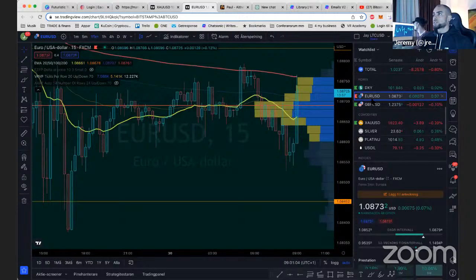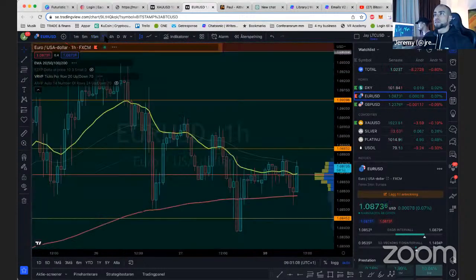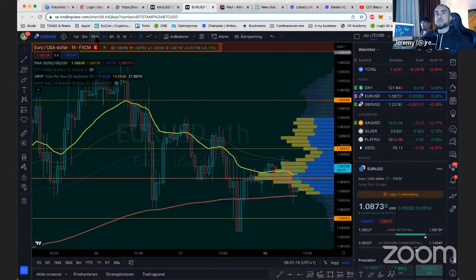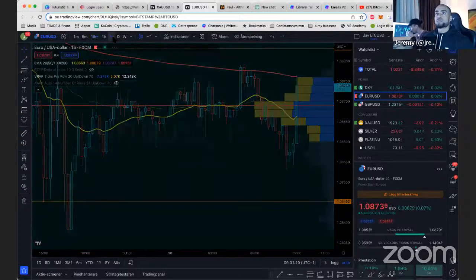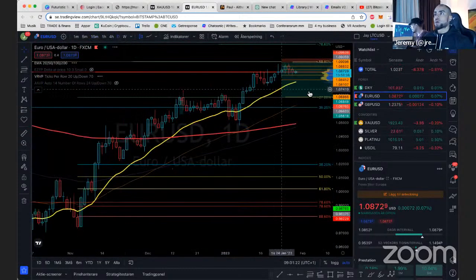Look at Euro quick. All right, so Euro spiked up at the first 50-minute candle, and it faced resistance at the 200 EMA, which is typical.